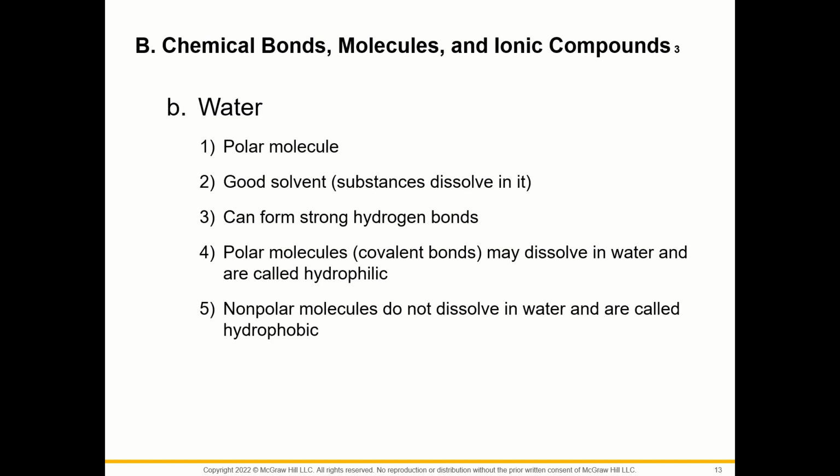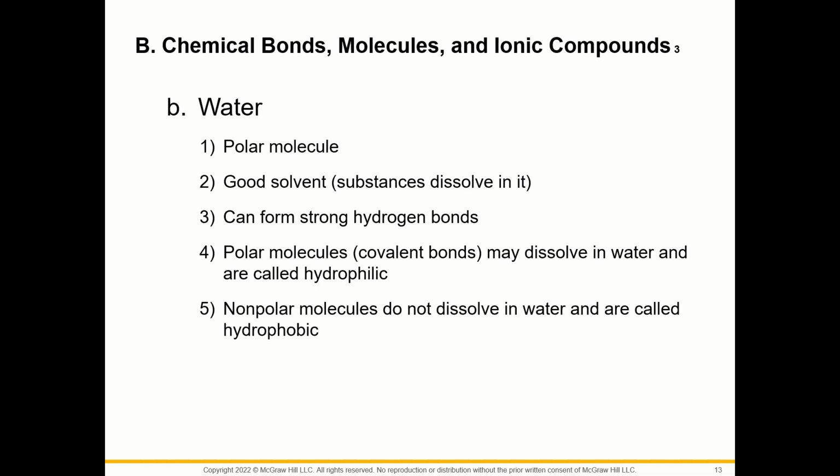When we get to water, that's that polar bond discussed in the last couple of slides. And I'll explain a little bit more how that works. Water, of course, is that polar molecule, meaning that it's going to have a slightly charged end that'll be positive and a slightly charged end that'll be negative.